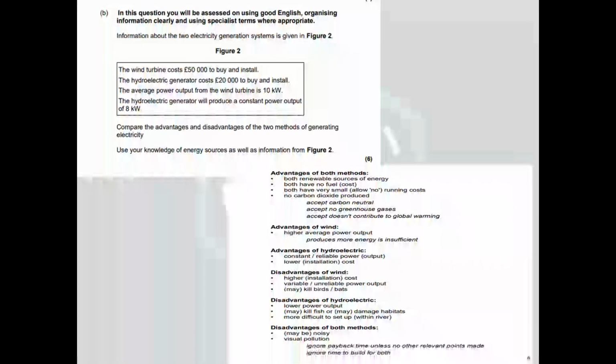So they are both noisy, they both may show visual pollution, and then the advantage of wind may be a higher average, which is given to us here. Advantages of hydroelectric is that it's a lower cost. Disadvantages of wind is that it has a higher cost and it is variable because it says the average power output is not constant like for hydroelectric. And then the disadvantage of hydroelectric is that it has a lower power output of 8 kilowatts compared to the wind turbine's 10 kilowatts.